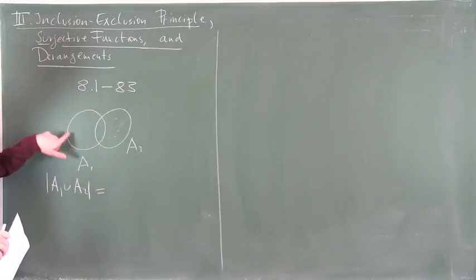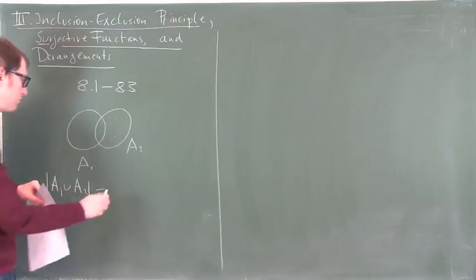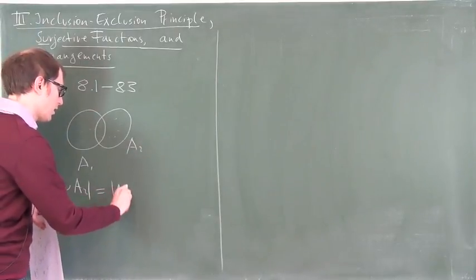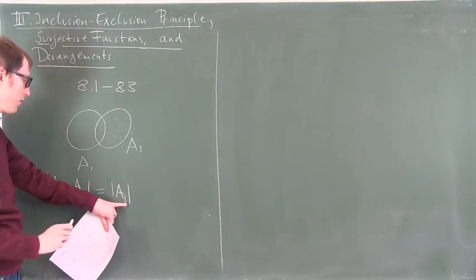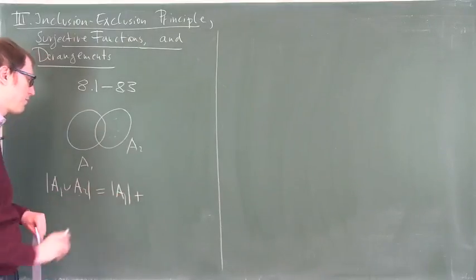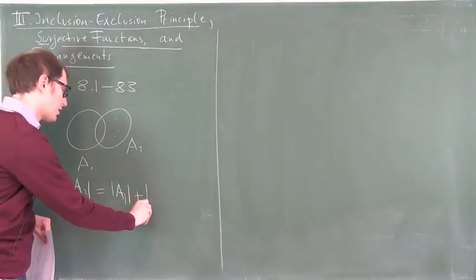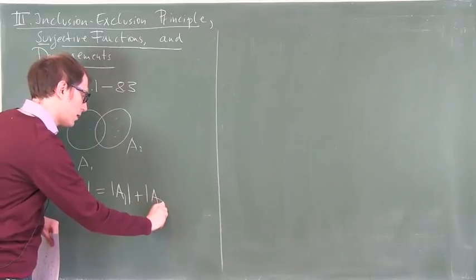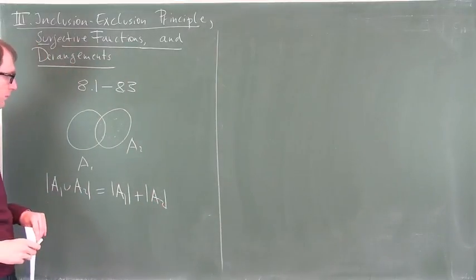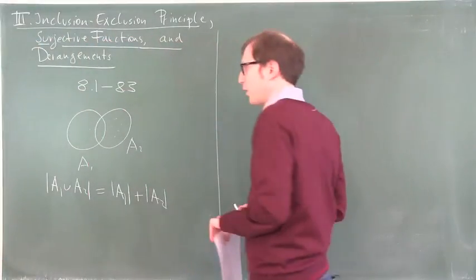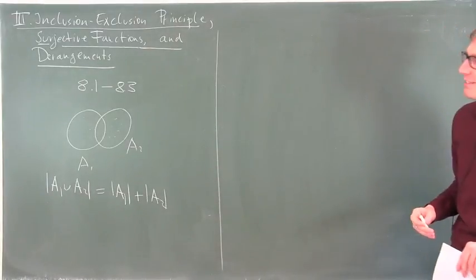Well, assume you know the number of elements in this set, the cardinality of this set. And we add the number of elements in A2. Now, is this correct? Well, not really, right?